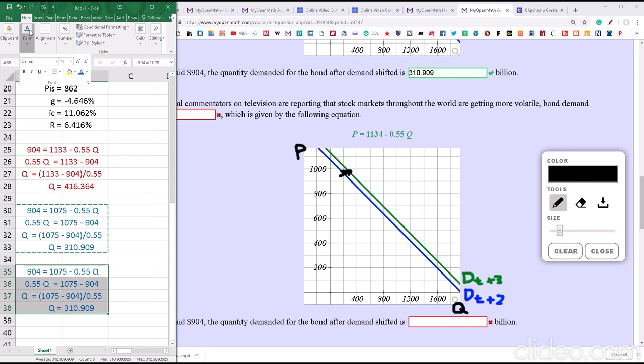Change this to green. And then notice we're holding the price constant at 904, but we're changing the value of the intercept to 1134. So wherever I see 1075, I'm going to replace it with 1134.